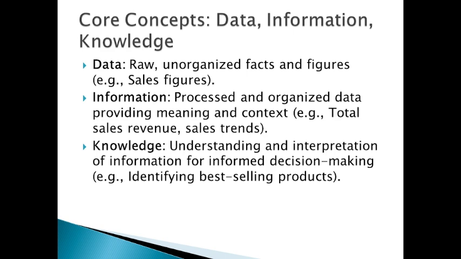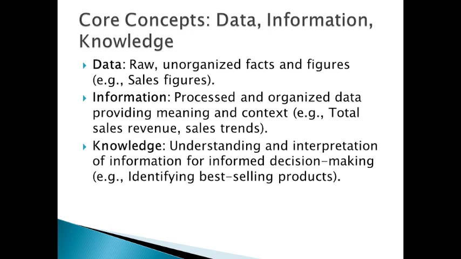For example, we could talk about total sales, revenue for each product, or even trends in sales, etc. Then we have knowledge, that is the understanding and interpretation of information, enabling informed decision making. Those are some of the key components of an information system.